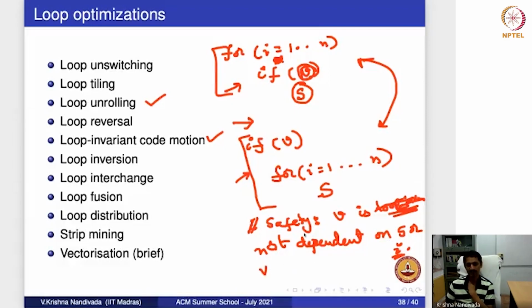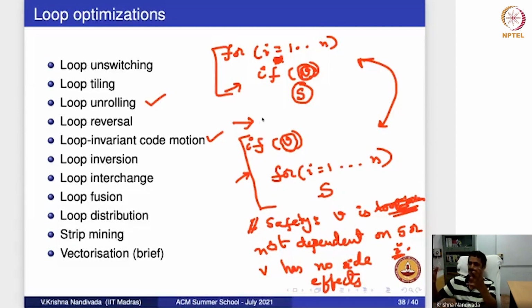I wrote V as a variable, but if you want to see V as an expression, then we should say V has no side effects. Because V was a variable, but if you see it as an expression, we want V to have no side effects. But for us, V is a simple variable, just a condition variable.